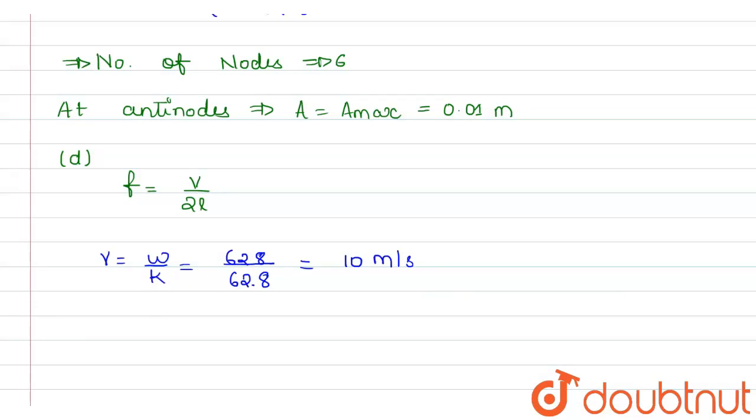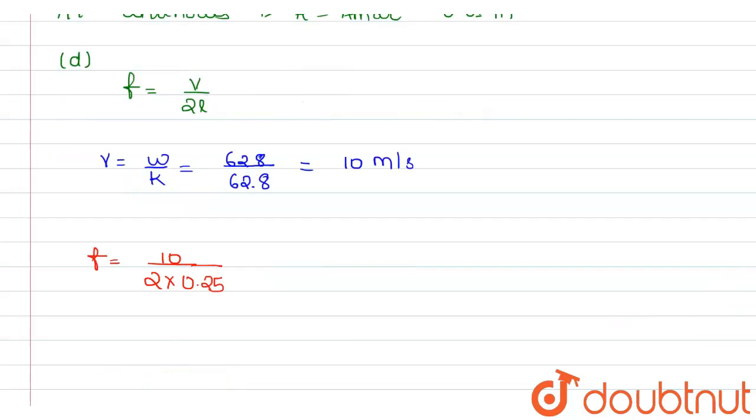If we put this in our formula, F will be 10 upon 2 into length, which is 0.25. If we simplify it, the denominator is 0.5, so it will be 100 by 5, which is 20 hertz.